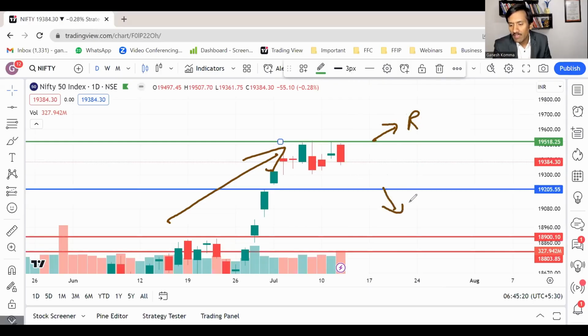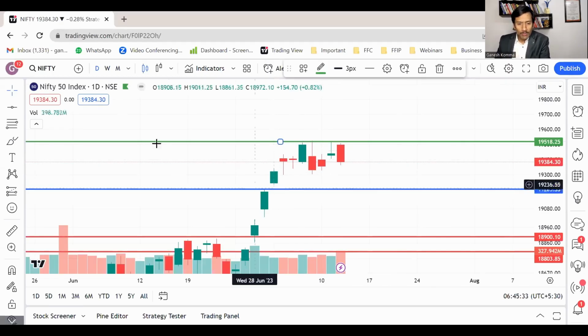And this will be the support levels. Now, what do you infer? As I see the market right now, if Nifty 50 advances above and crosses 19,518 levels, it will be even more bullish.